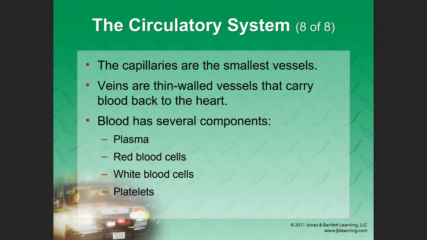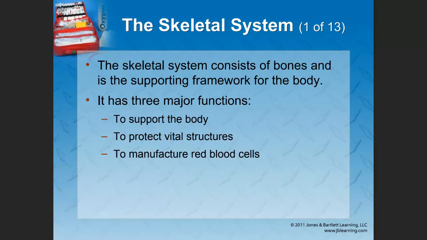And the white cells are able to move to where the issue is occurring within the body. The platelets are important to the clotting process within the body. And that's all you need to know about the components. And that would be it for the circulatory system.